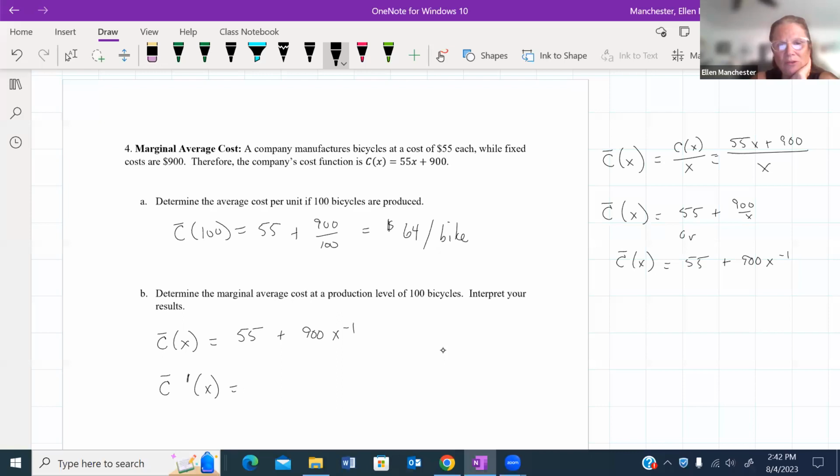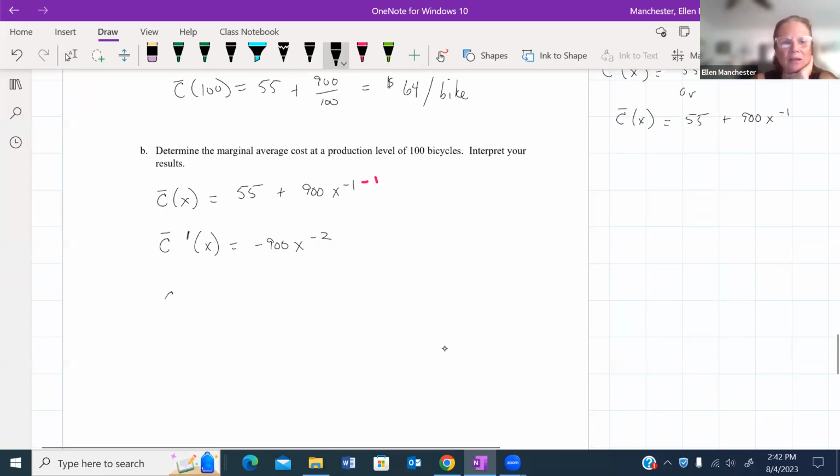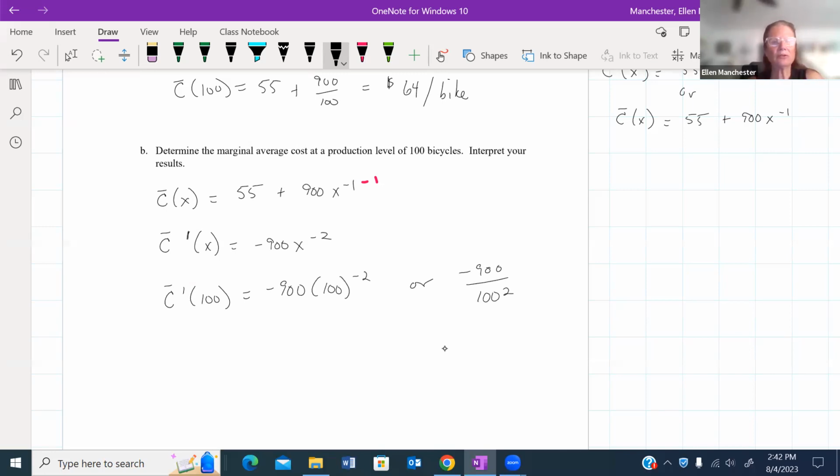I drop my negative 1 to the front and multiply, and then I subtract 1, so it becomes x to the negative 2. That's my marginal average. Now I'm going to plug 100 into that, or I can write it this way. Either way works, and you can plug it into your calculator either way. And I get negative 0.09.